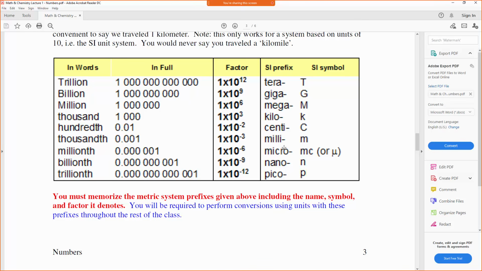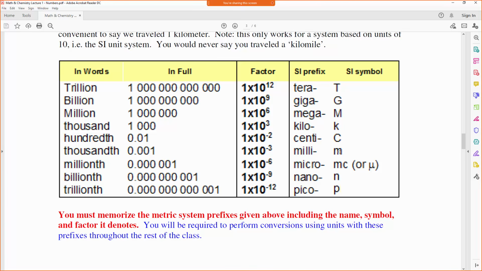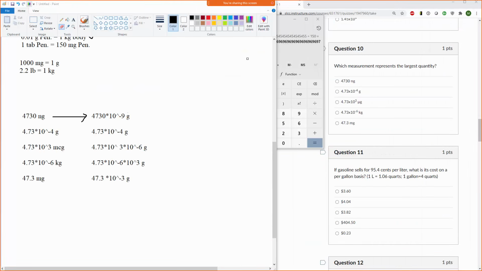And I said micro is times 10 to the negative 6th, and milli is times 10 to the negative 3rd, and kilo is times 10 to the 3rd. If you just memorize this side of the table here, then you can always get the right conversion factor.